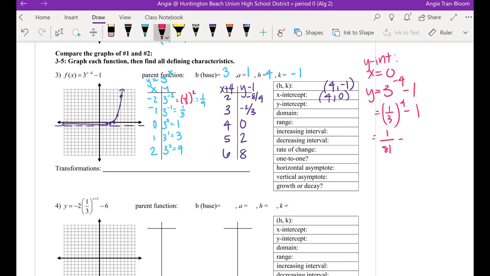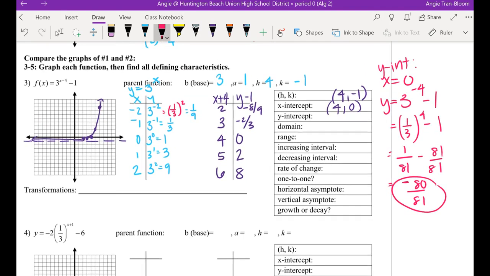I need to find a common denominator, which is 81 over 81. So 1 take away 81 is -80 all over 81. That's it. Well, it's not bad, right? So y-intercept, x is 0, so fill in 0, comma, -80 over 81.